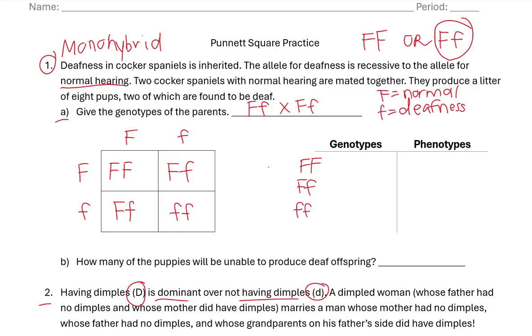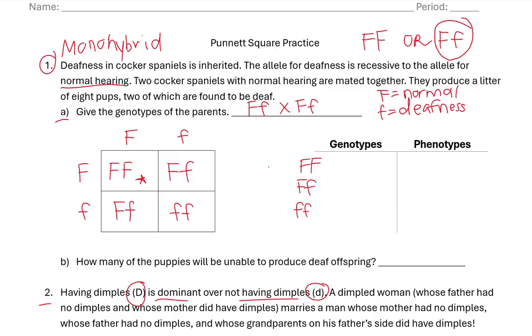Now, in our Punnett square, how many of the squares would be homozygous dominant? This one. 1 out of 4.